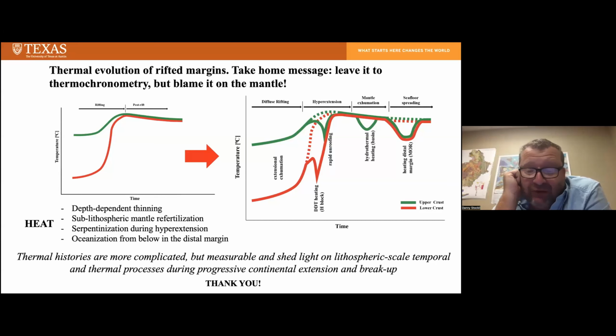So the mantle certainly makes it more complicated, but it's something that we can shed light on using both low and high temperature thermochronometry, and thermal processes that are important in terms of understanding the rheology of the final lithospheric breakup. Thank you very much.